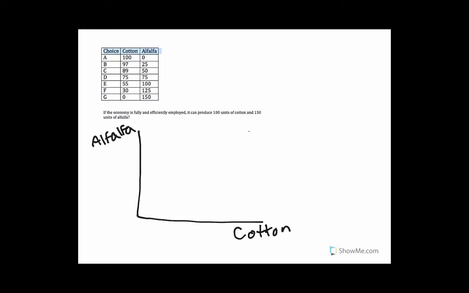If we put all our resources towards producing cotton, we can produce 100. And if we put all the resources toward alfalfa, we can produce 150 units of alfalfa. You could plot the rest of the points, but the general shape of the production possibilities curve is something like that.